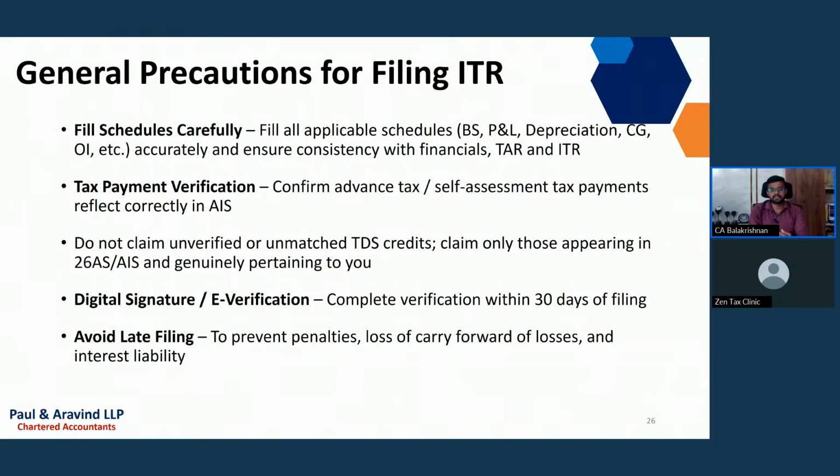If the assessee's total income is more than 5 lakh, then the assessee needs to pay 5,000, or up to 5 lakh, then 1,000 rupees as late filing fee. And 234A, B, C interest will also be applicable if proper advance tax and self-assessment tax have not been deposited timely. So to avoid these consequences, ensure proper filing on or before the due date.